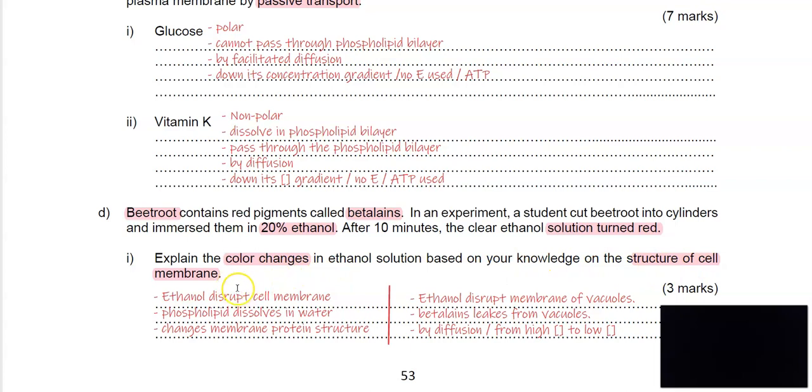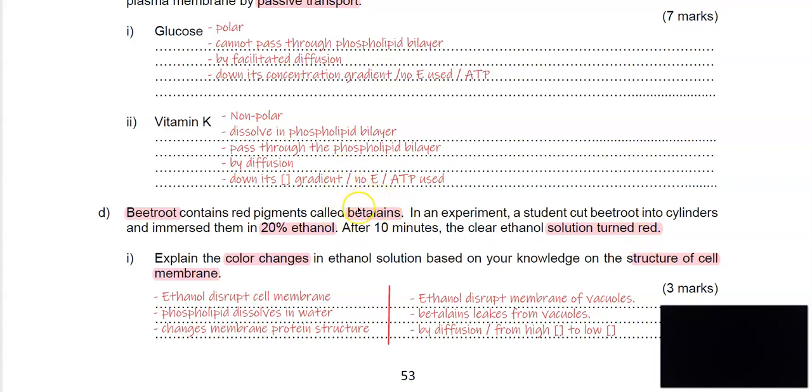So for this type of question, it has nothing to do with hypertonic or hypotonic or isotonic solution, because for you to explain on that, it basically involves the movement of water molecules. But this one, we are looking at the movement of the pigment that causes the solution to turn red.